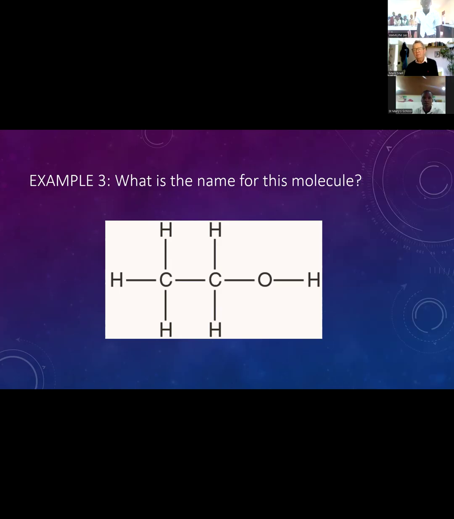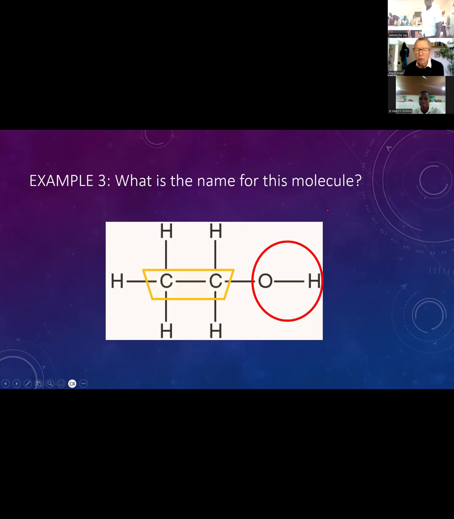Okay, so here we are. The usual thing, we circle the functional group. This is the bit which makes it not an alkane. The longest continuous carbon chain is just 2. There are no substituents. That makes it an alkanol. An alkanol, in many parts of the world just called alcohol.